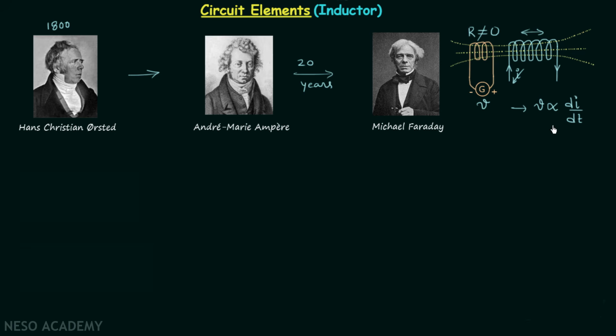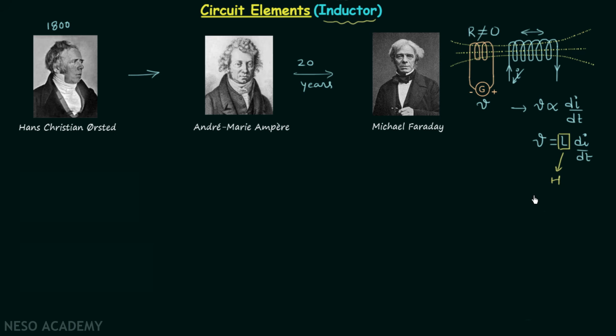And when we remove the proportionality sign, we will have V equal to L di by dt, where L is known as inductance and it is measured in Henry. And we implement inductance using a circuit element we call an inductor.